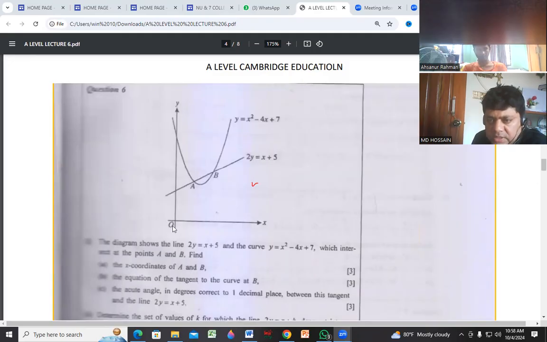This is the y-axis, this is the x-axis, and this is the center 0, and a line has been drawn considering the curve, and this is the y value. Under this line there are 2 points; it may be 3 or 4 points also. Multiple curves may be used, but for your syllabus, it is enough to consider the 2 points A and B.